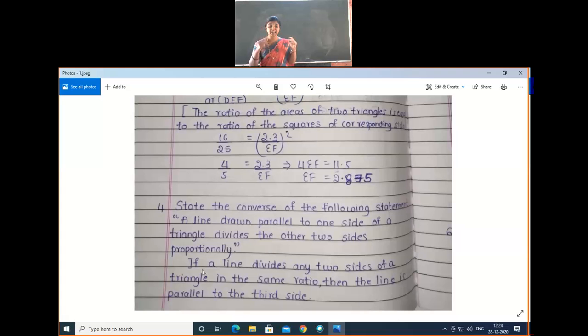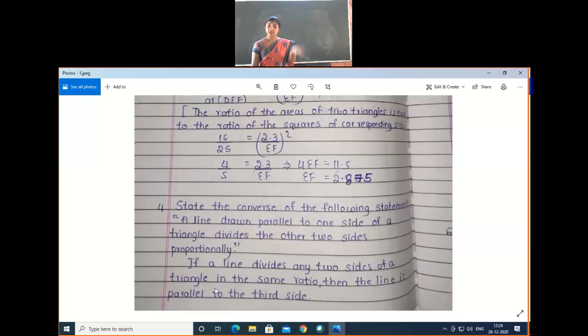If a line divides any two sides of a triangle in the same ratio, then the line is parallel to the third side. You all know how to write converse statements, right? Here the parallel condition is given at the beginning of the statement. One line parallel to one side of the triangle, then the two sides will be in the same ratio.